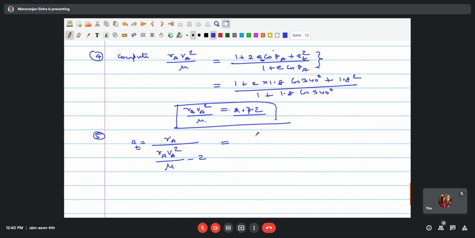RA is 1.5 R divided by 2.72 minus 2, which gives 30,287 kilometers.